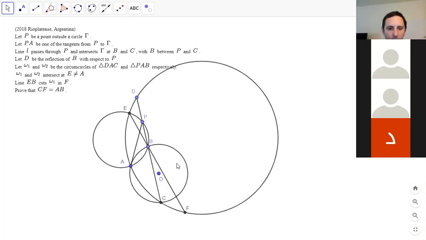Interesting. Yeah, the only way I can think of is congruent triangles somewhere, right? So OC is equal to OA, is equal to OB, and we want to show AB is equal to CF.